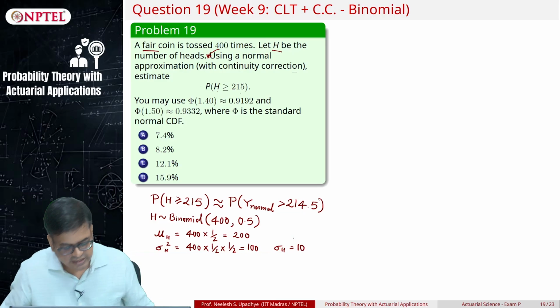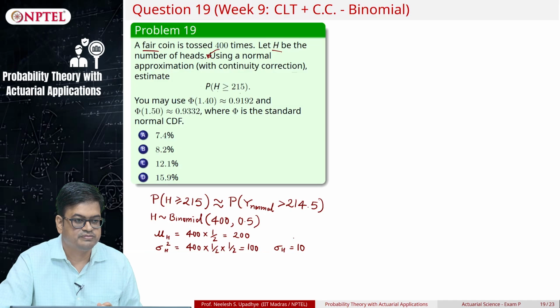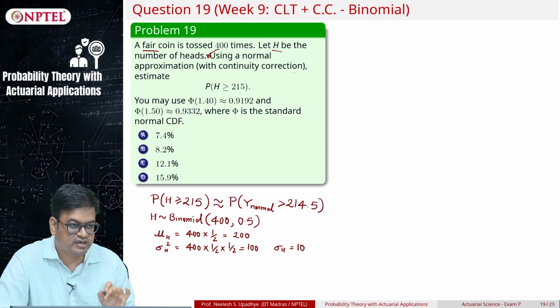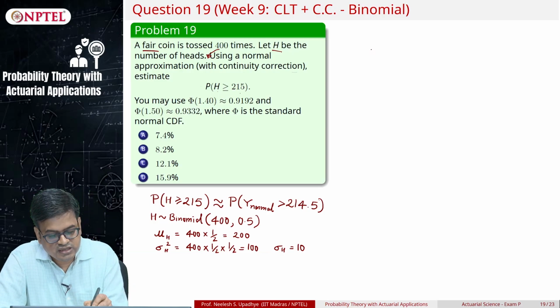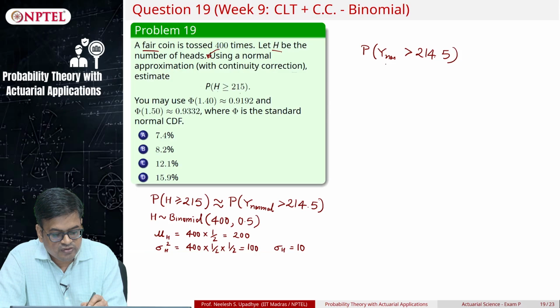This is the entire recipe, the raw material that I need. Now, I need to understand how this H is working with normal. We have already applied the continuity correction. So, essentially now the problem reduces to probability of Y normal greater than 214.5. And now you already know we will apply the standardization step.